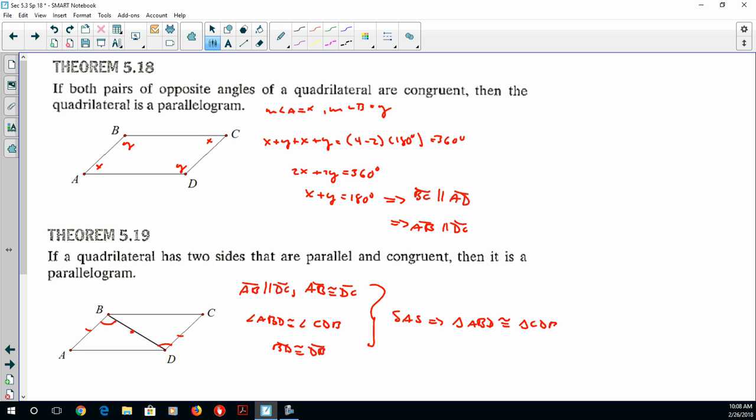And what that tells me then is that these sides are congruent. Therefore, hence BC is congruent to AD.